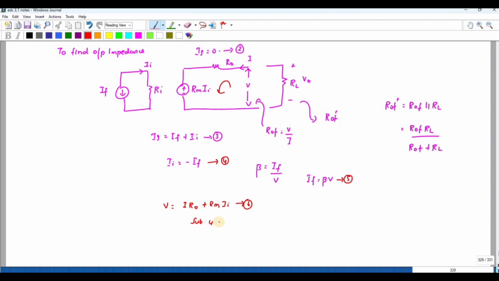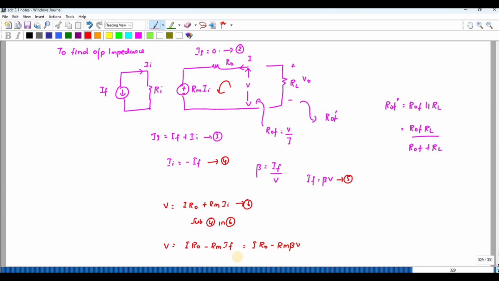If I substitute 4 in 6, I will get I R naught minus Rm If. Okay, that is your V. And instead of If, you substitute beta V. So this is nothing but I R naught minus Rm beta V.